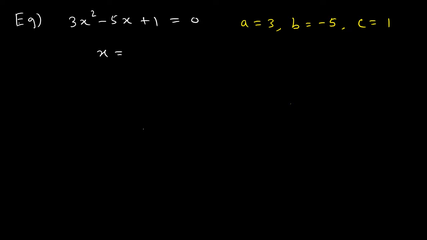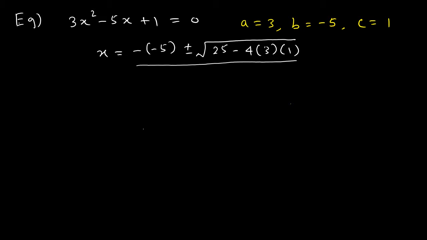So x equals negative b, that means negative 5, negative 5 plus or minus, as before, negative 5 squared, that means 25, minus 4 times ac, that means 3 and 1, square root, divided by 2 times a, 2 times 3.